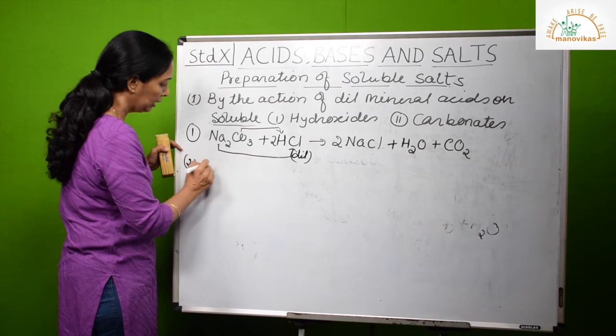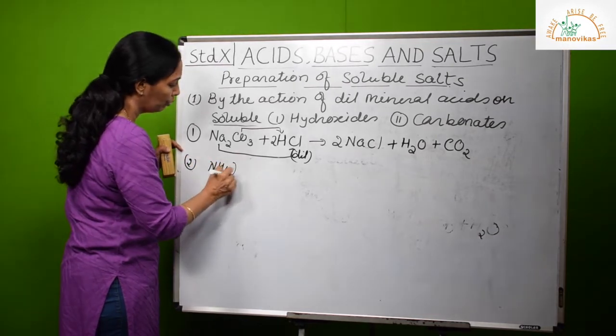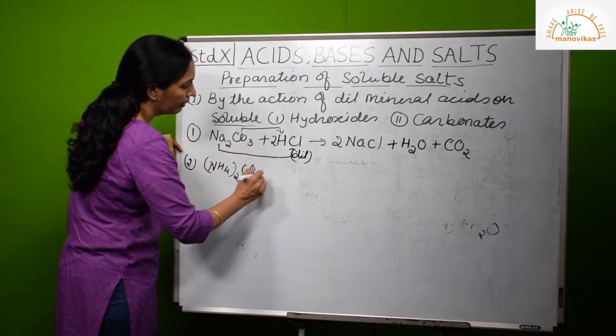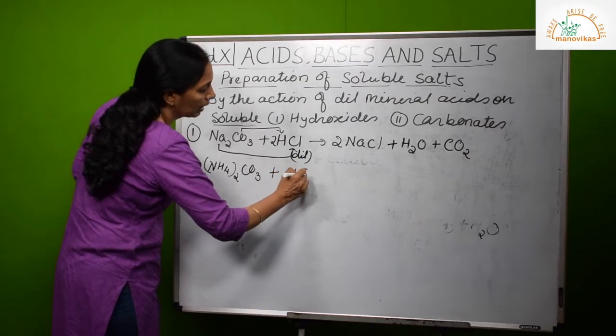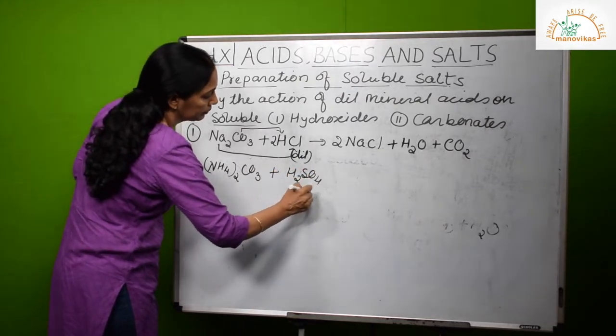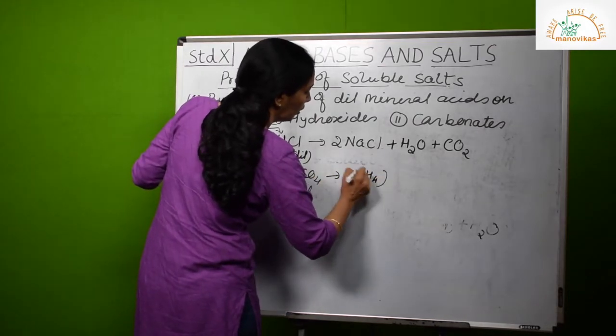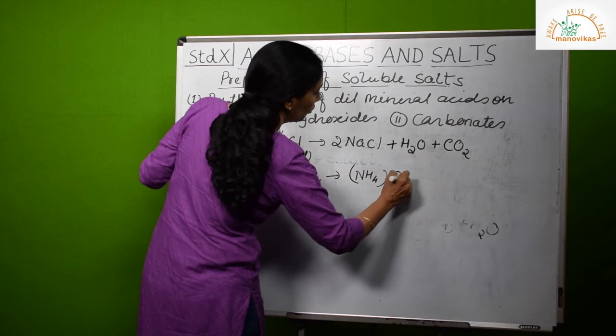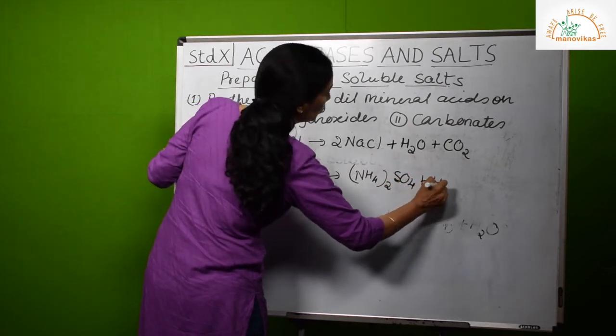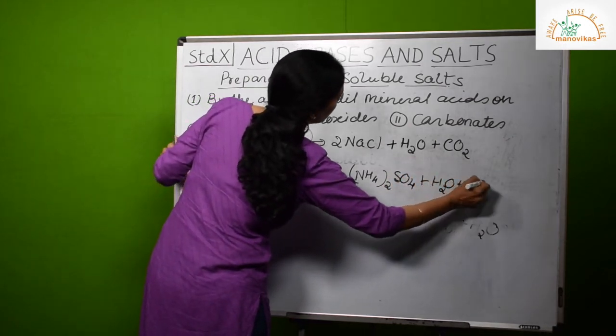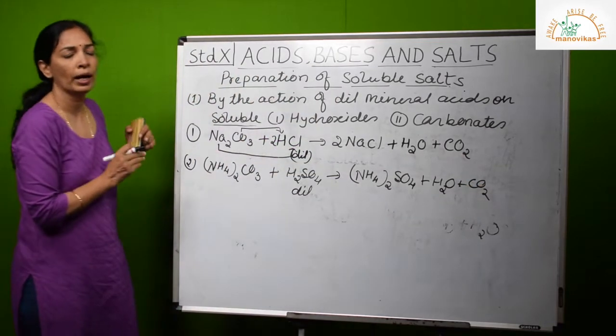If we are taking ammonium carbonate, (NH4)2CO3, and treat it with dilute sulfuric acid, then it will give (NH4)2SO4 plus H2O plus CO2. So this is the small thing you have to remember.